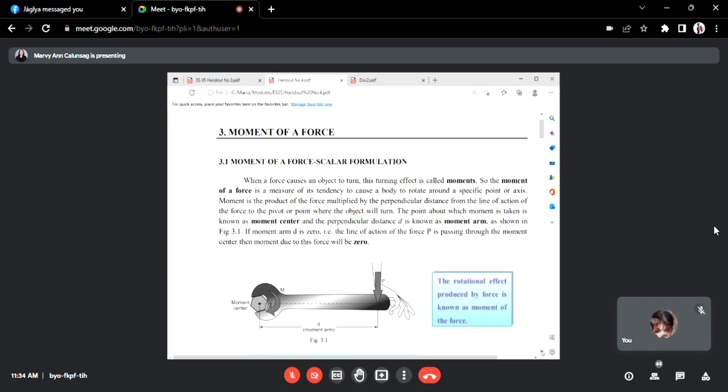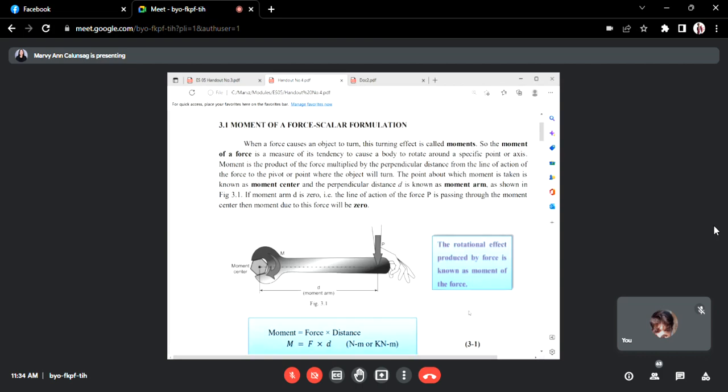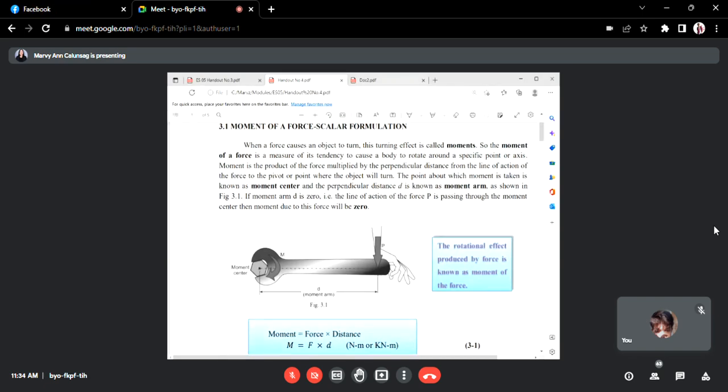The point about which moment is taken is known as the moment center, and the perpendicular distance d is known as the moment arm. So as shown in the figure, for example, ang atoa aning moment center is kani dinhi. We have this as the moment center, kani siya nga point. And naapot gitawag og moment arm, the perpendicular distance from the moment center to the line of action of the force.